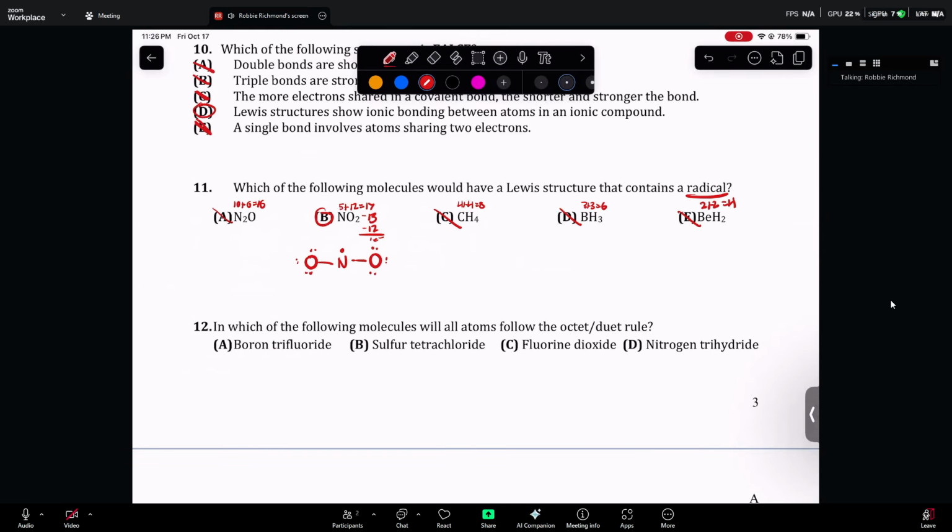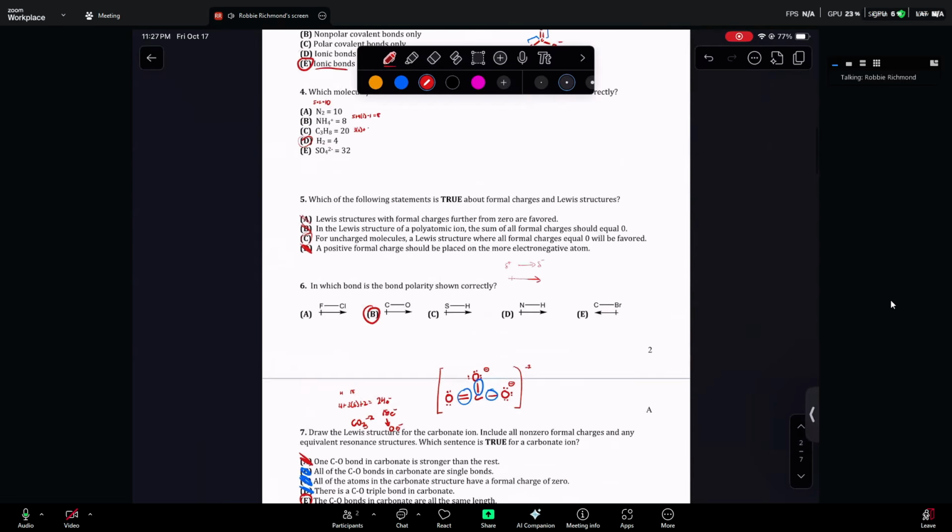Cool. Which of the following atoms will follow the octet/duet rule? So, firstly, I would just look at all of the central atoms and just make sure that they're not in the 3p level.